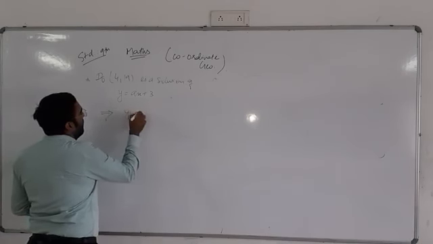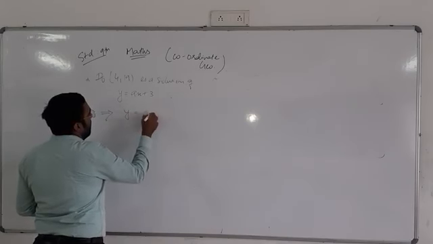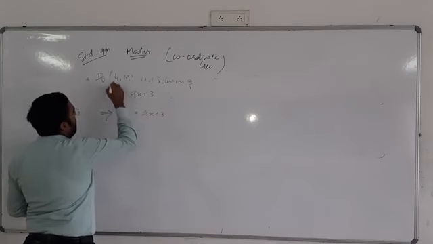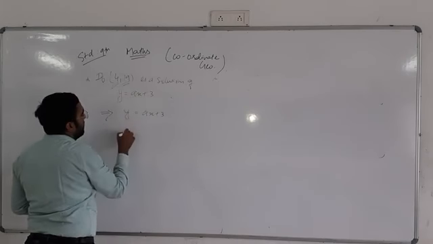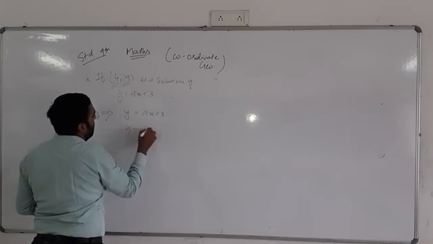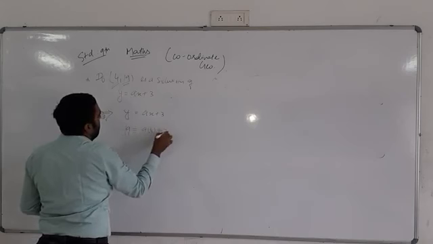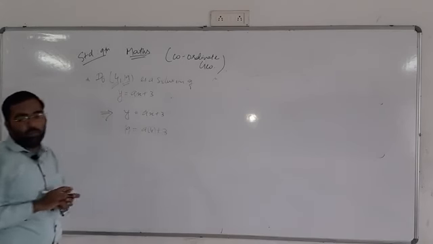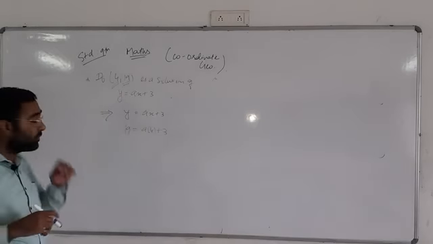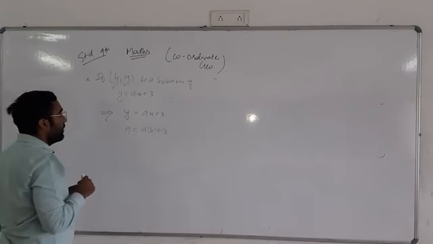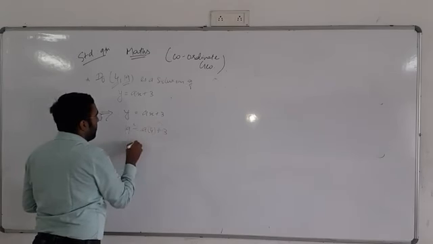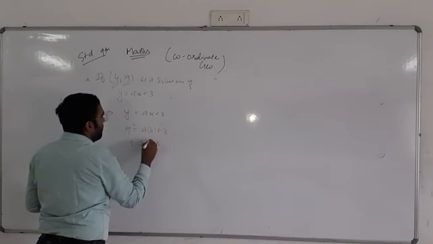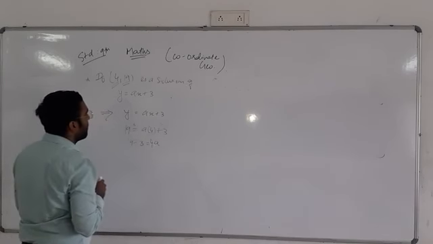We have the equation y = ax + 3. Now what is the value of x? That is 4. And what is the value of y? That is 19. So 19 = a × 4 + 3. The plus 3 shifts to the other side, therefore 19 - 3 = 4a.